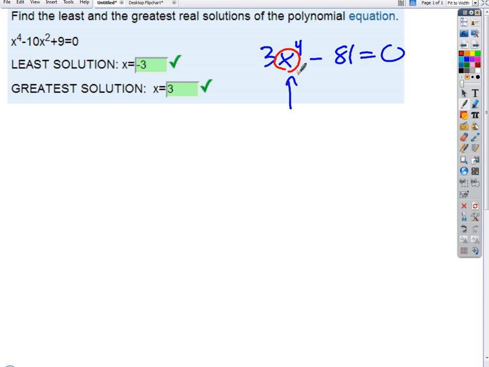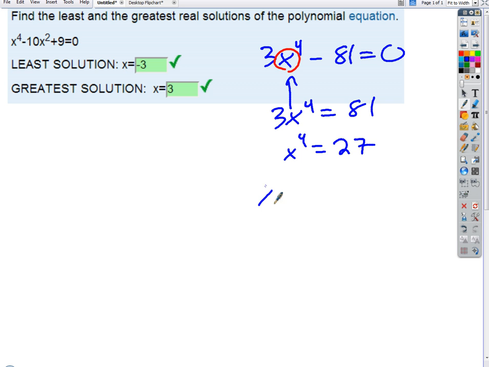If we didn't know chapter 7, we'd have to do difference of squares twice. But we don't need to, because now we have chapter 7. It makes the chapter 6 test easier for you, which is good. Let's go through this one. To isolate x, you told me add 81, so I get 3x to the 4th equals 81. Divide by 3, so x to the 4th equals 27.